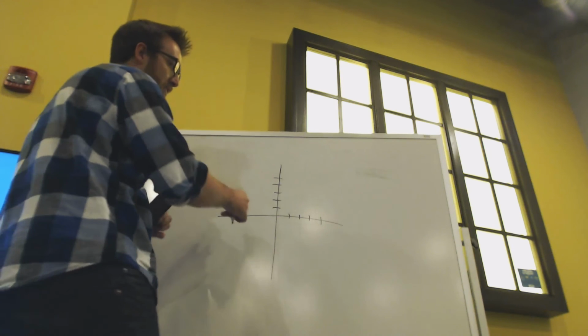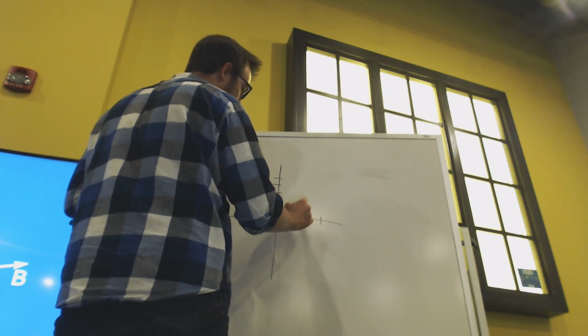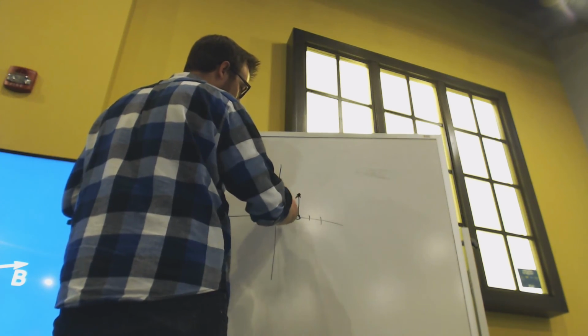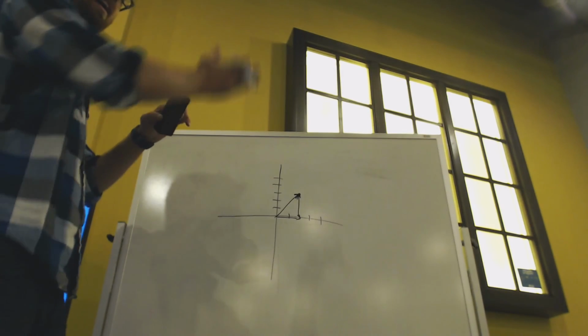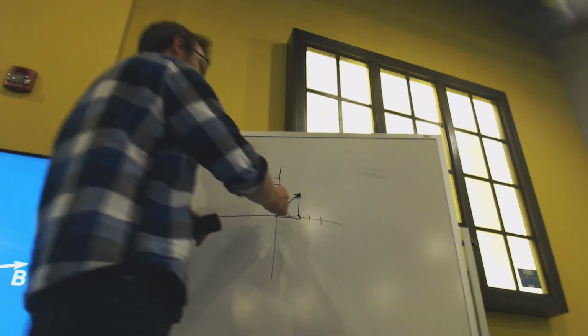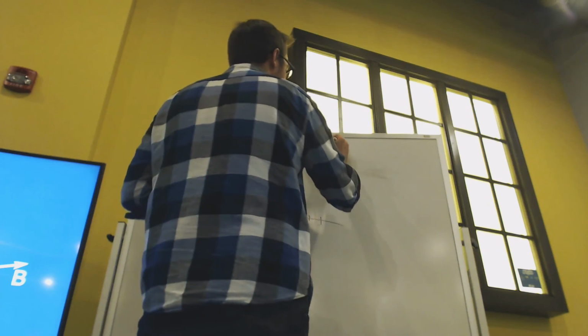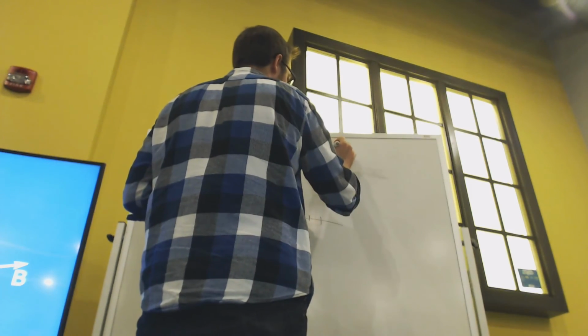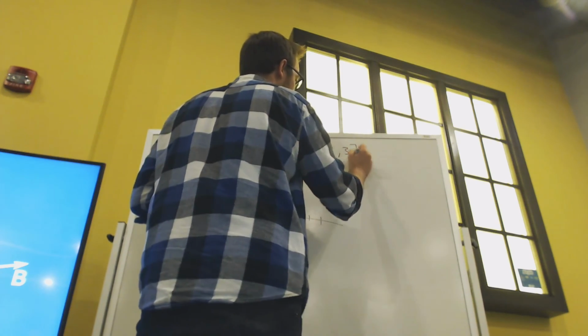Let's say our vector is 2, 3. So we go 2 units in the x, 3 in the y, and so we end up at this point right here. And so it's a little bit higher up than it is on a normal 45 degree. So we've got a different angle for this. So let's put our vector up here as 2, 3.